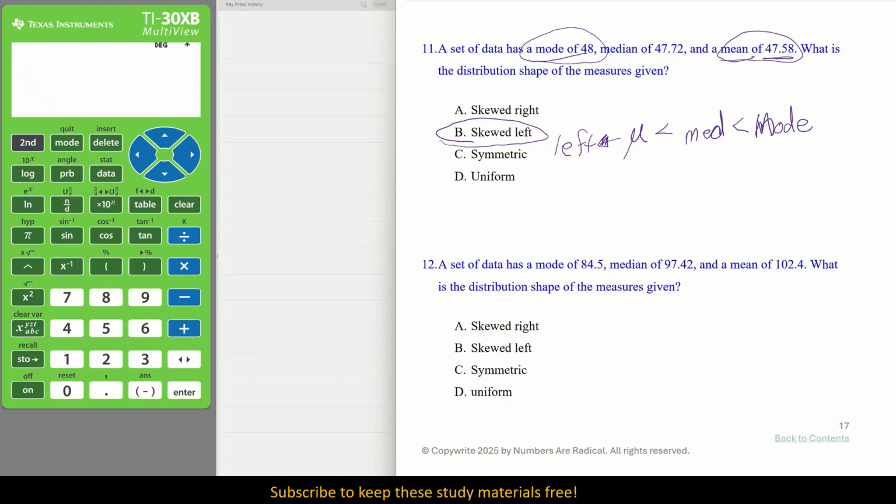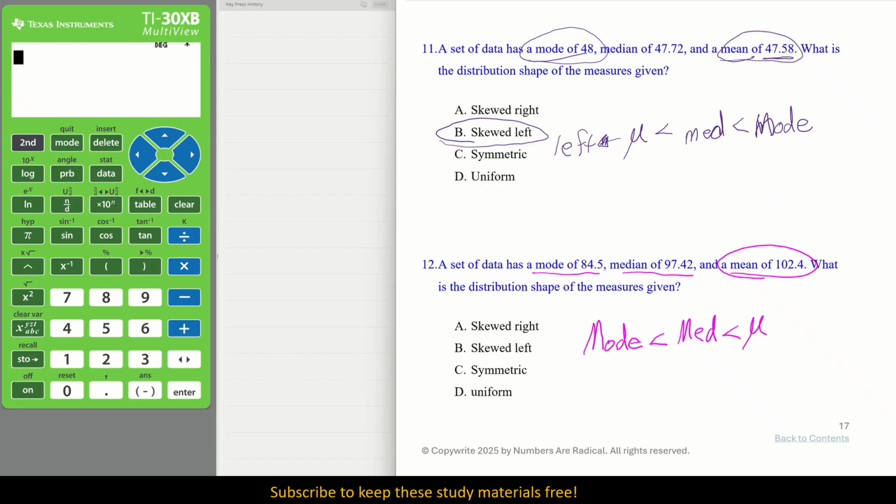Well, let's put it in order from least to greatest. My least value is going to be my mode. In the middle is my median. And then the greatest value is the mean.